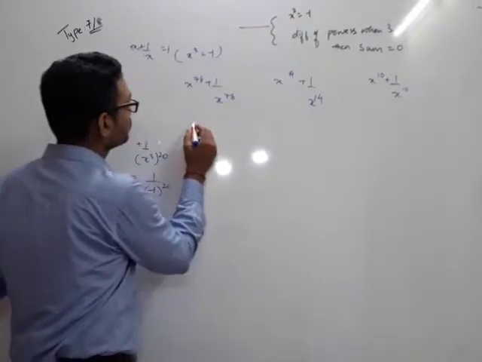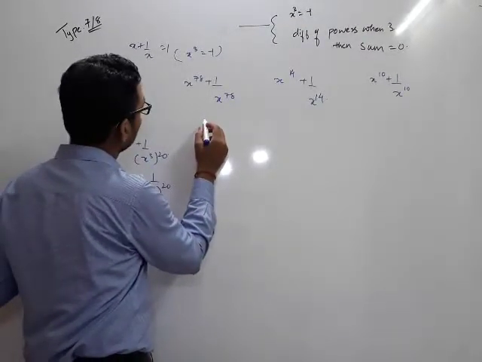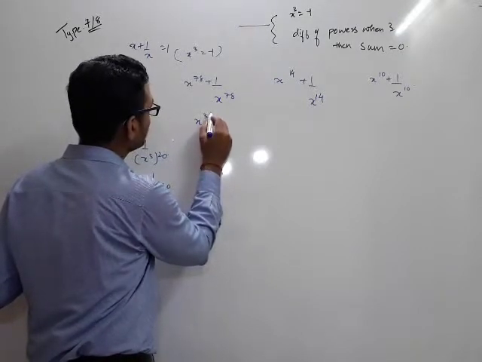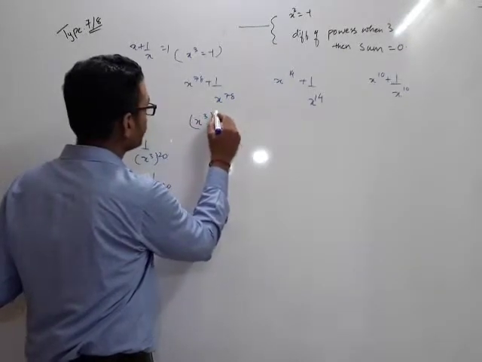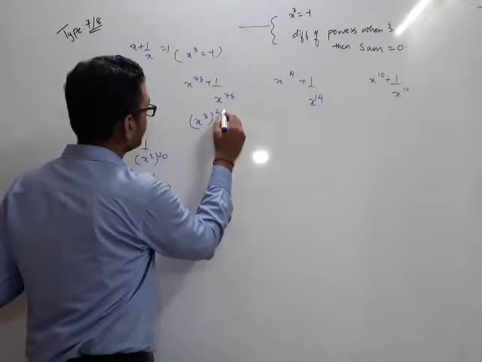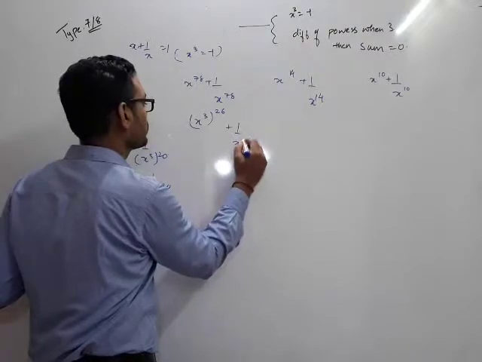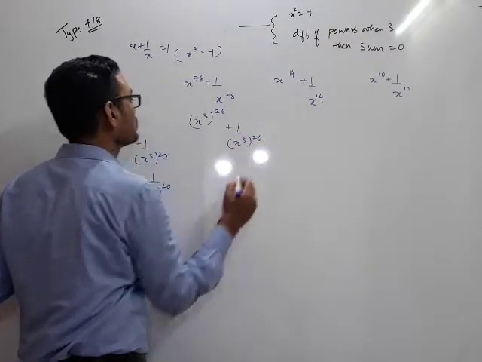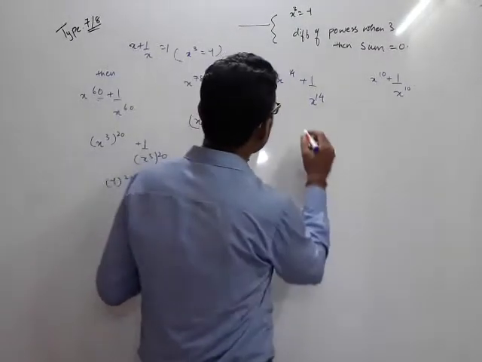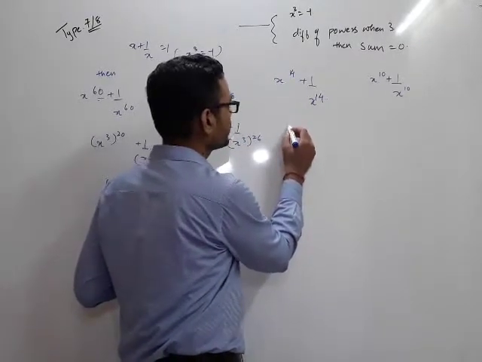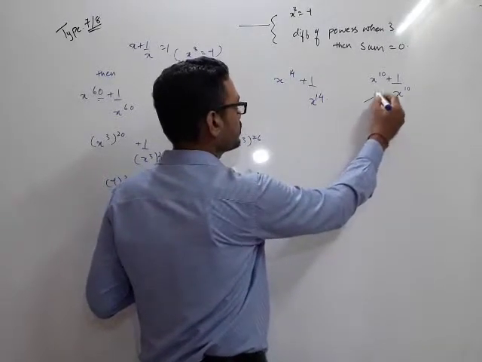Similarly over here, it's x raised to 3 into 26 plus 1 upon x raised to 3 into 26. Let's first talk about this.